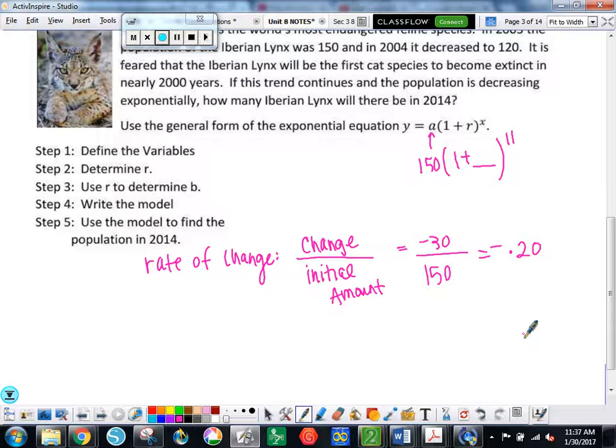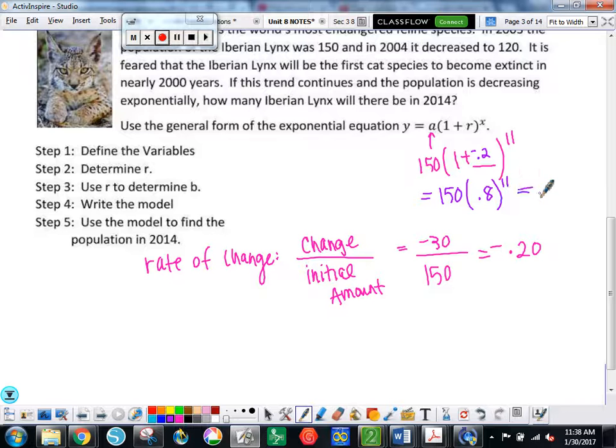It's decreasing by 20%. So if I want to know how many there will be in 2014, here's what it is: 150 times 0.8 to the 11th.